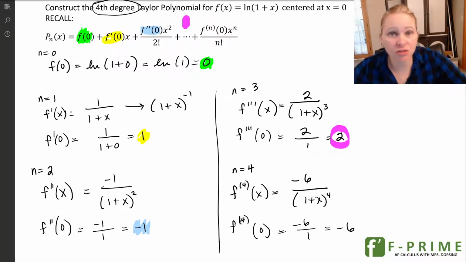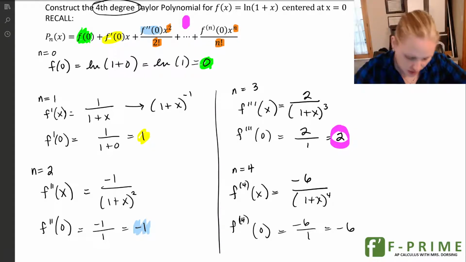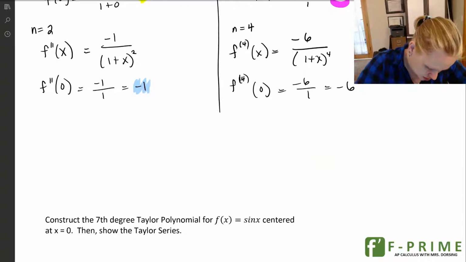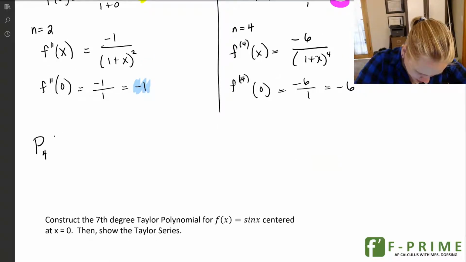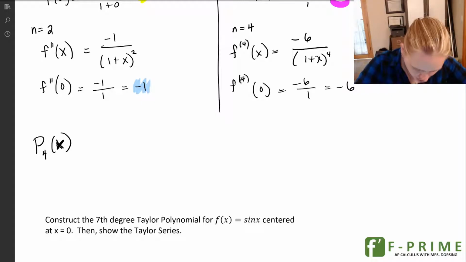So now we're ready to construct our polynomial. And following the convention here, remember, when I have the powers, so like squared, it's going to be a 2 factorial underneath. So whatever the power is, it's going to be that number factorial. So let's write it out. So here we go. My 4th degree polynomial, sometimes we put the little 4 down there just to say, hey, it's a 4th degree, whatever.